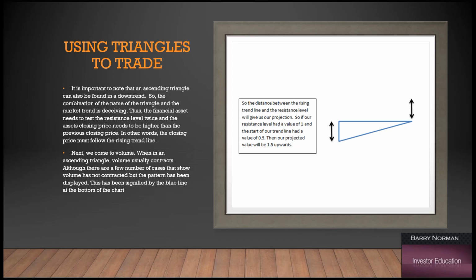But the value of the breakout, when price breaks out of that pattern, can be calculated by taking the width of the base. So the distance between the rising trend line and resistance level will give us our projection, because we always need to be able to project, because we need to be able to set a target point. We need to be able to set stop loss points.